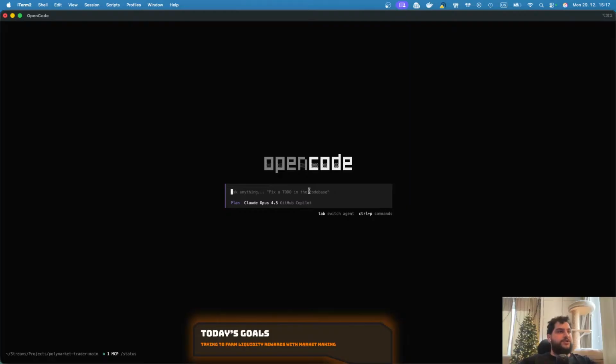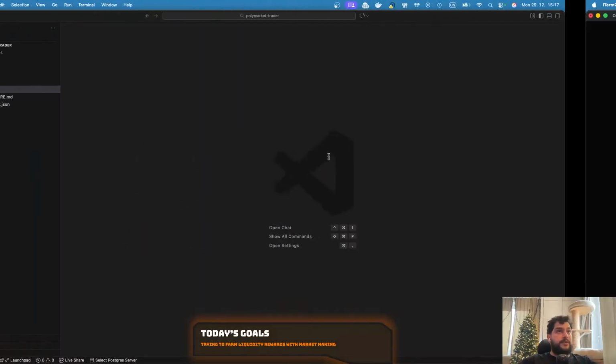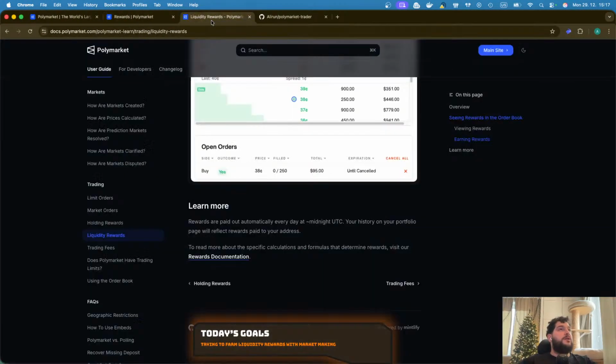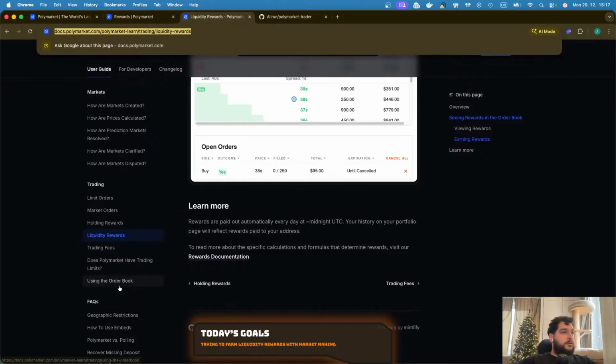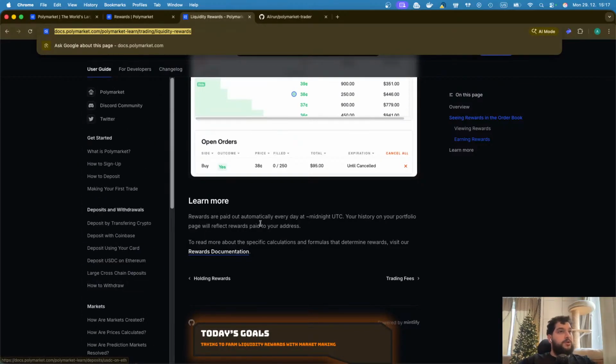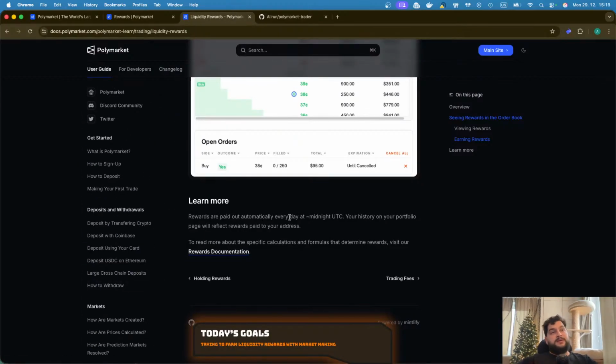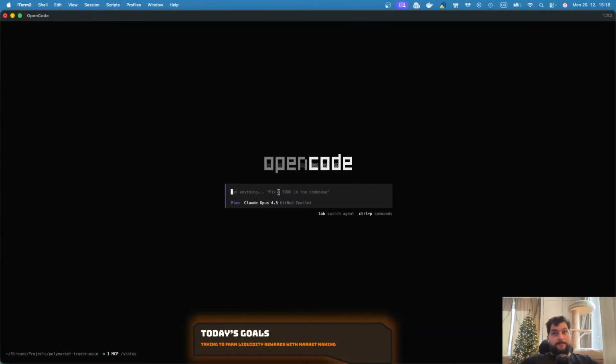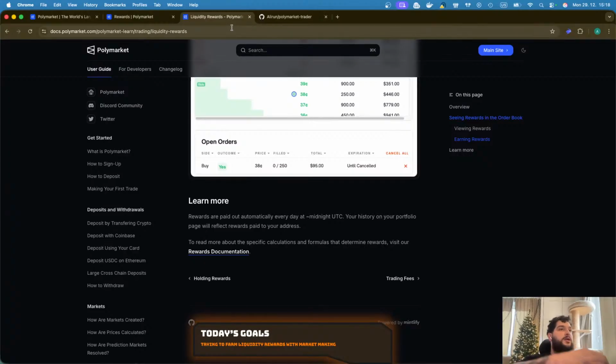Okay, so let's switch to planning mode, and let's start planning our market maker. Let's feed the documentation to the planner, and ask it to help us plan the code base for the market making.